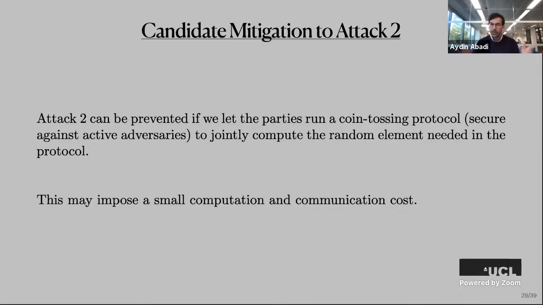They need to interact with each other to come up with a random value. If they do it this way, then the original protocol remains secure, and it doesn't impose much additional cost to the original protocol if they use this mitigation.